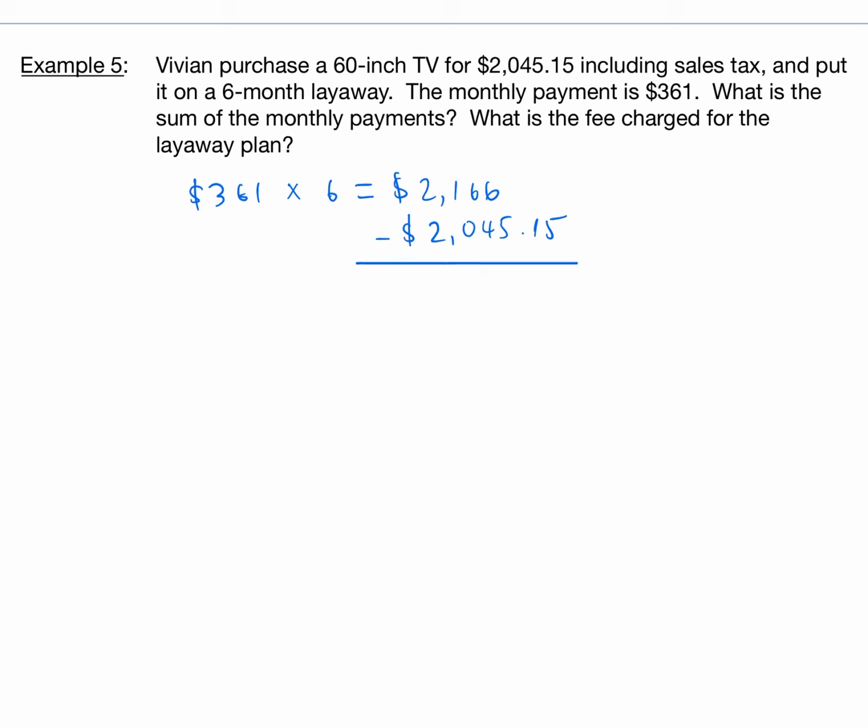So if we subtract that from what she's going to end up paying, we get $120.85. And so this is the fee that Vivian will be charged if she puts it on a layaway plan, and the answer to the first question, what is the sum of the monthly payments? That's $2,166.